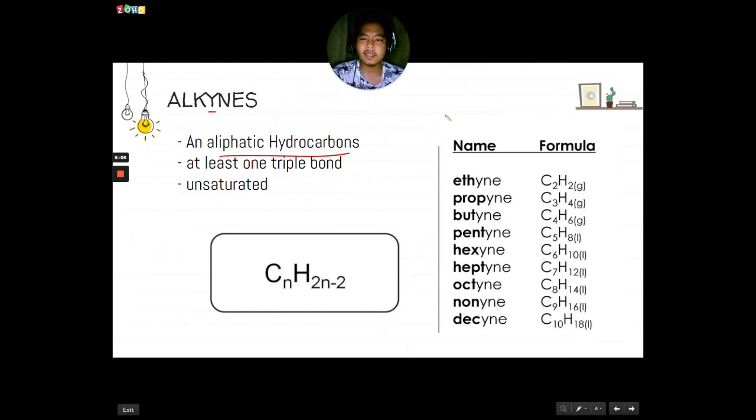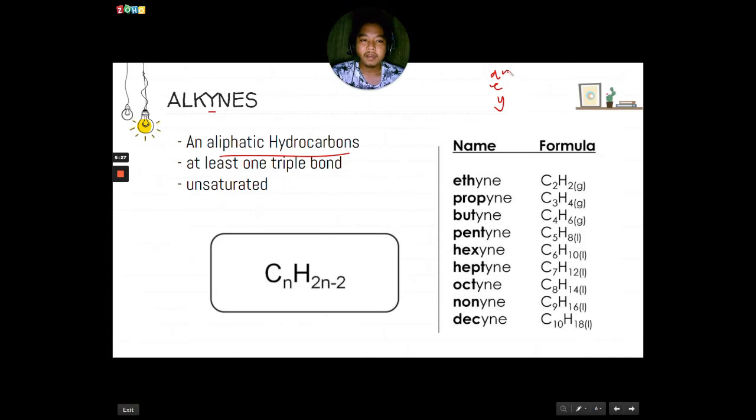Since it's only a one-letter difference, hopefully this helps if you're confused. Alkane is A-N-E. Alkene is E-N-E. Alkynes are Y-N-E.